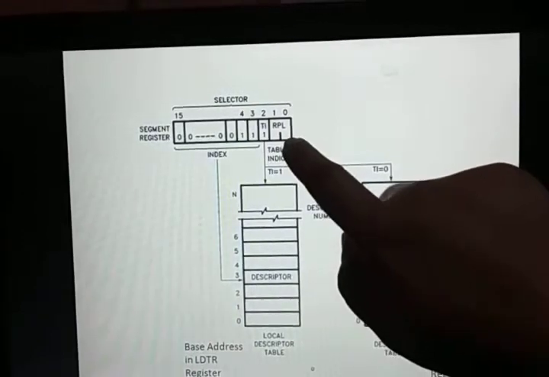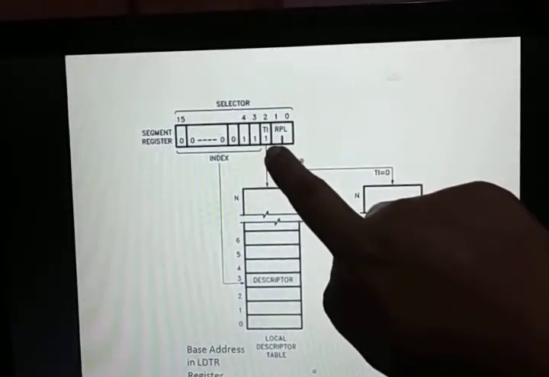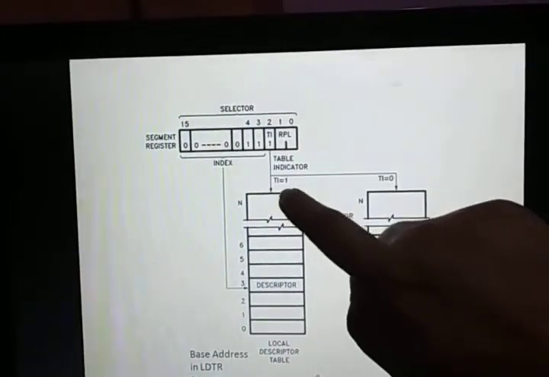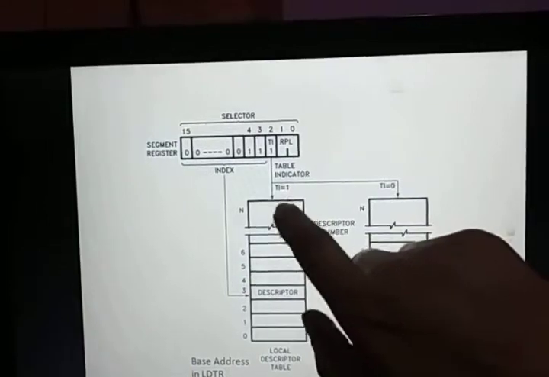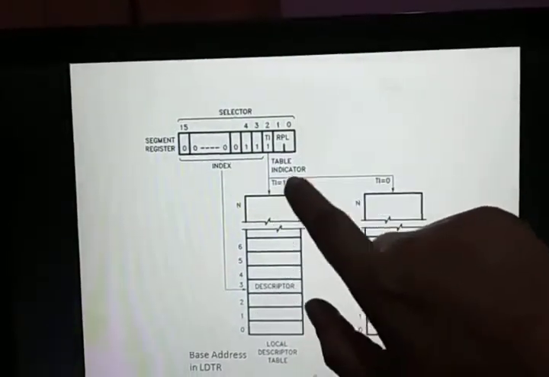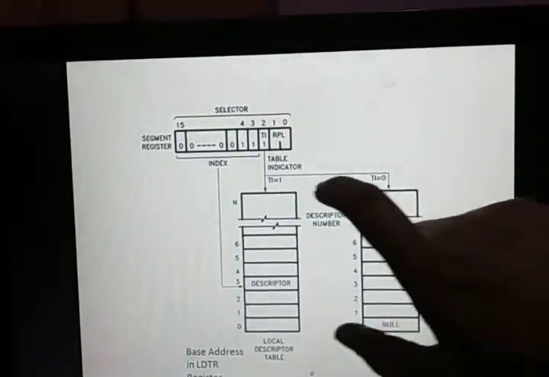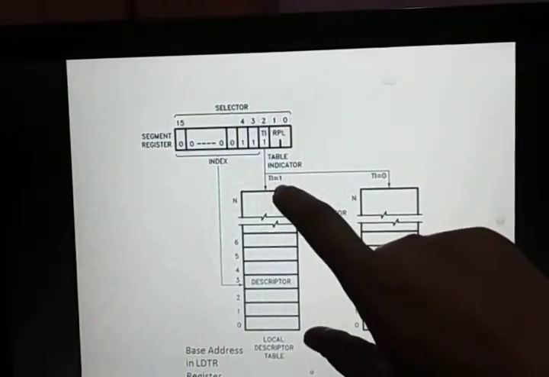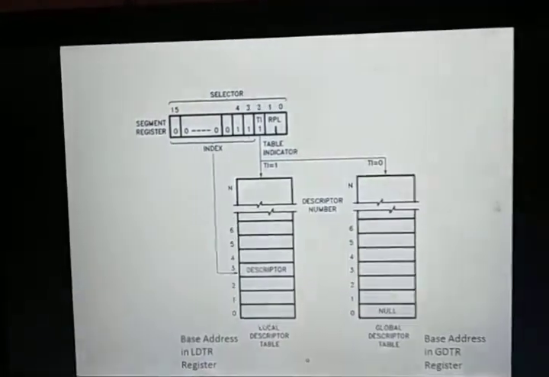The TI bit indicates whether the descriptor table is the GDT or the LDT. If the TI bit is set to 1, the table is the LDT. If TI is set to 0, the table is the global descriptor table. The remaining 13 bits we use for indexing.